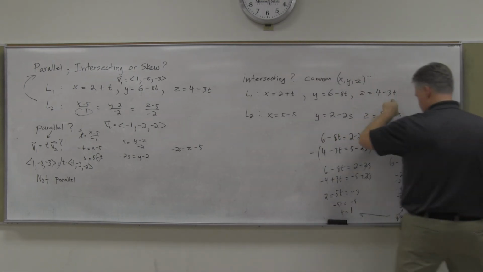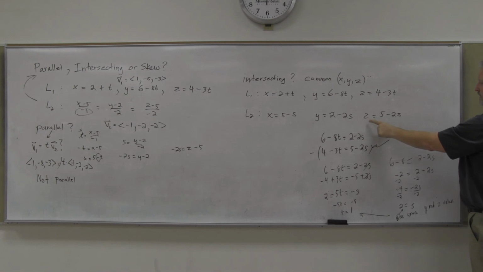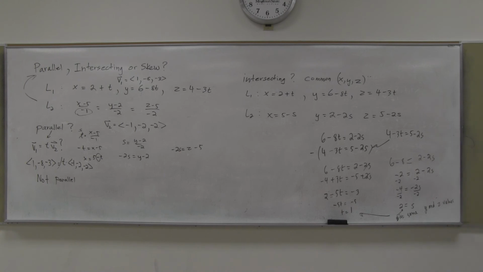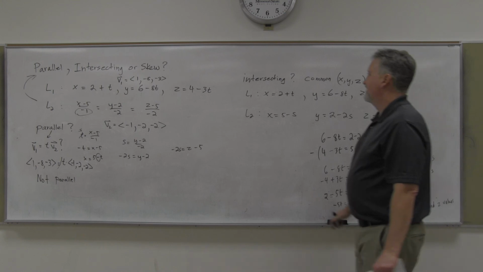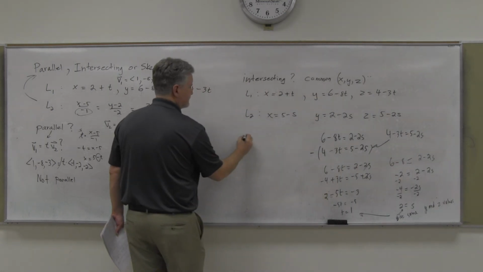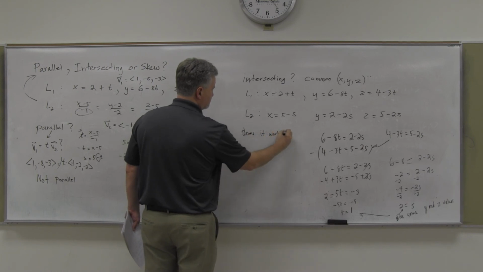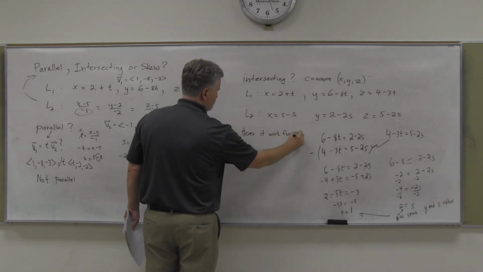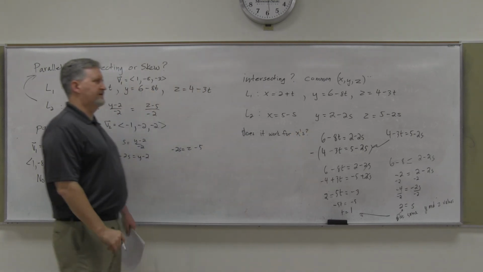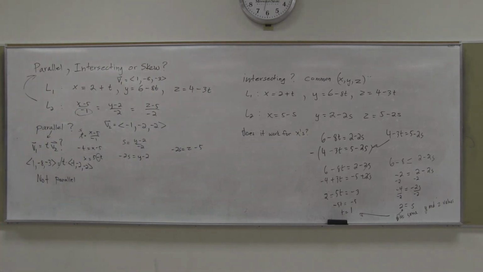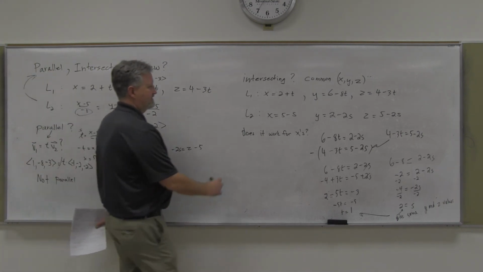And then 4 minus 3 is 1, and 5 minus 4 is 1. Yeah, that's right. So they give me both the same y and z value. Is that true for x? Because it just works on the y's and z's, it doesn't give me the same x's, that doesn't work.